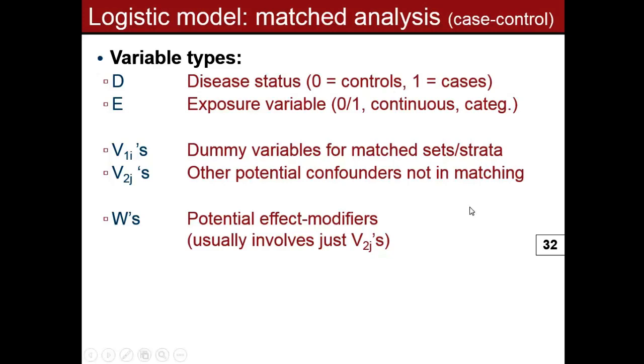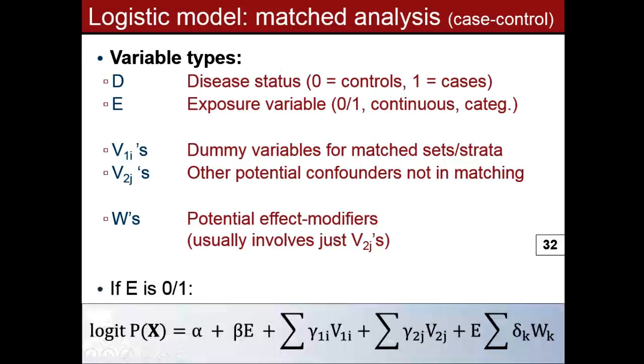And then the Ws, we still have Ws, and they're usually going to be just the V2Js, these other factors that came along later, like gallbladder status. So we're not really going to entertain effect modification on the match sets. That's just kind of odd, and we're not going to do that. And so we're going to get a logistic model now that looks like this.